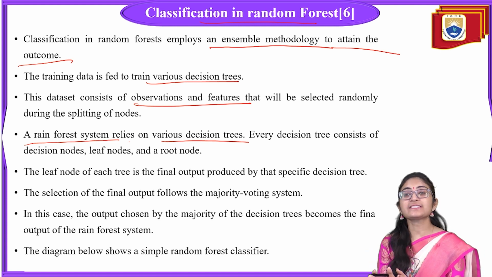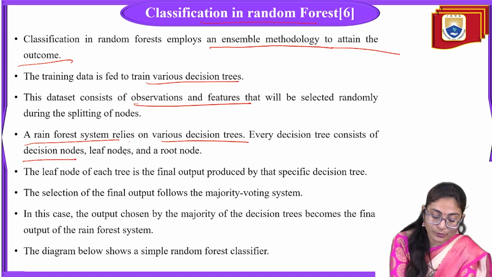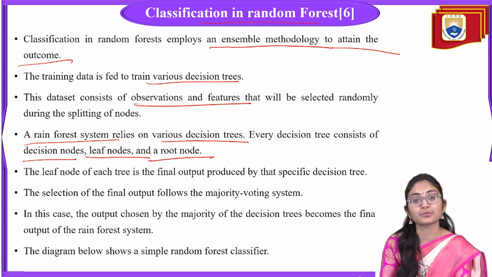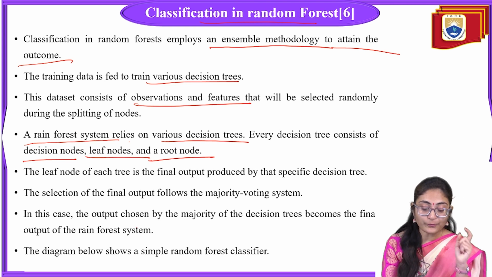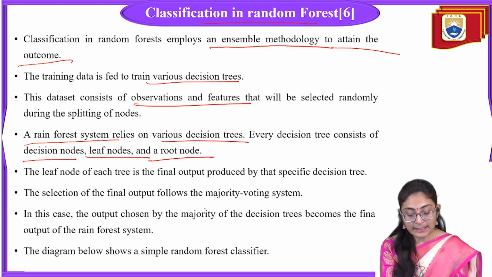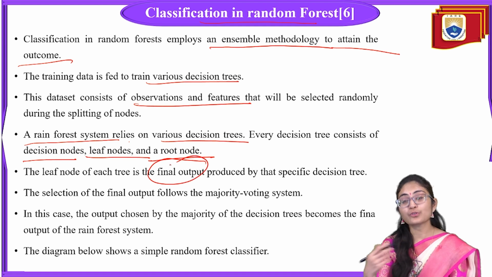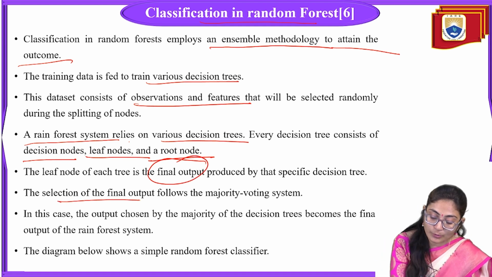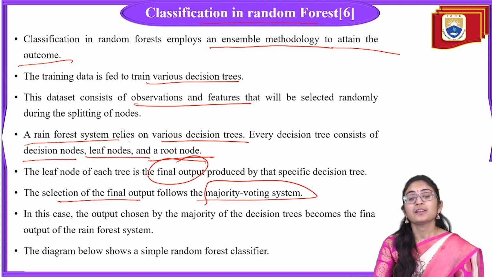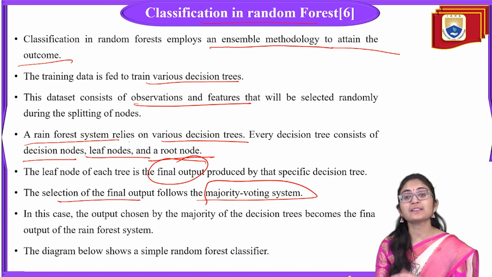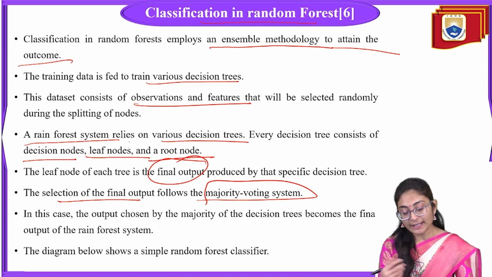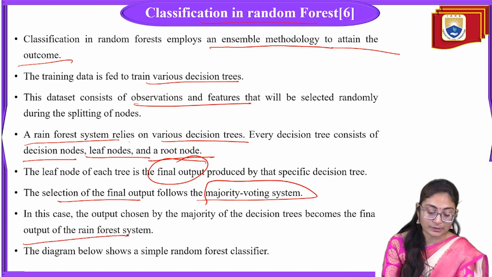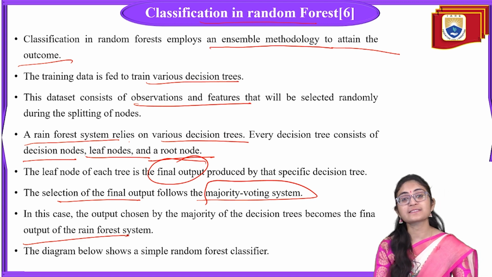Every decision tree consists of decision nodes, leaf nodes and a root node, and the leaf node of each tree is the final output produced by that specific decision tree. The selection of the final output follows majority voting. The output chosen by the majority of decision trees becomes the final output of the random forest system.